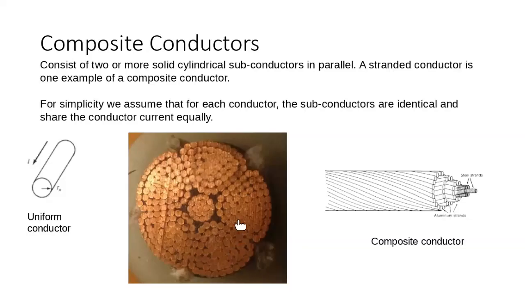Therefore, we can make small solid conductors, and the current will flow in here, there, everywhere. All right, so this is what you call the composite conductors. Because we have these, we need to calculate the inductance.